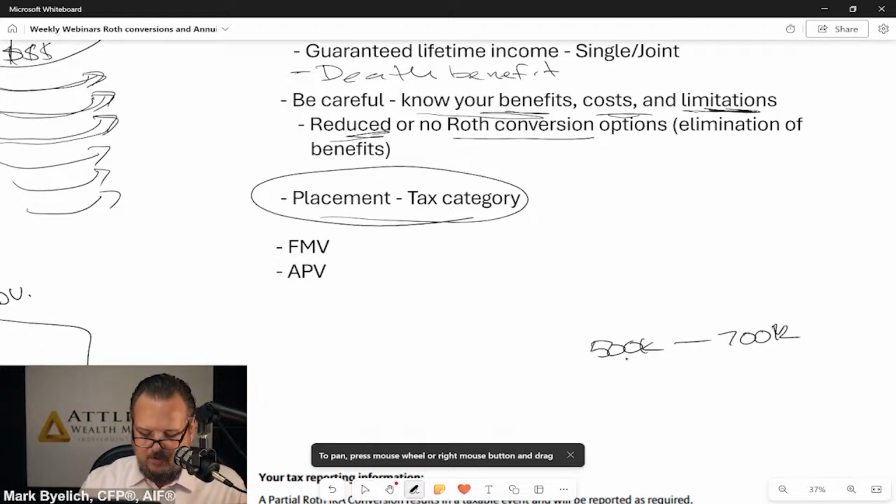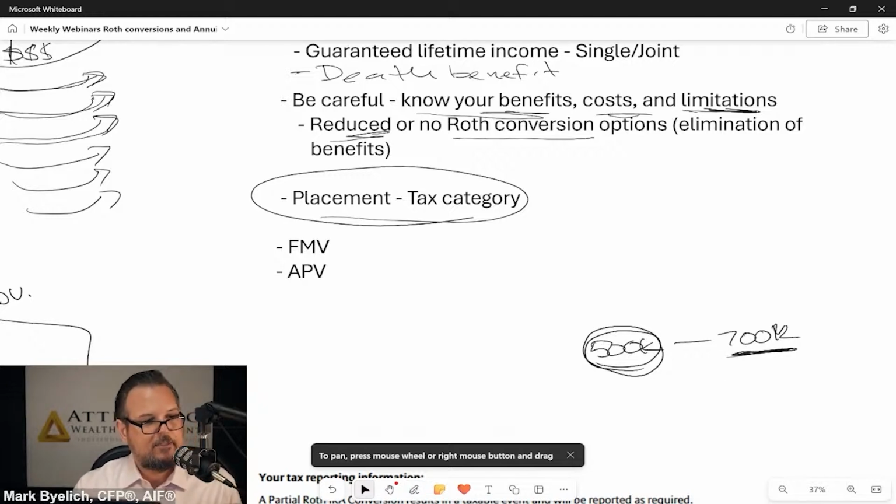So will the IRS allow you to convert that entire $500,000 and only pay tax on that $500,000 and not the $700,000? Well, the answer is no, right? You have to pay tax on the actuarial present value. It's called the APV, and these are complex formulas.